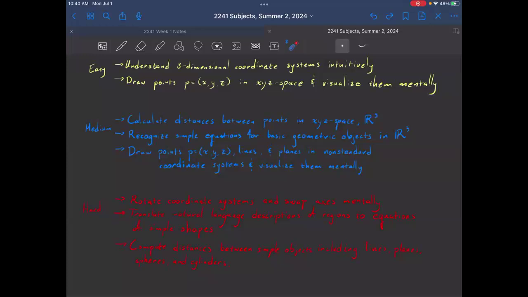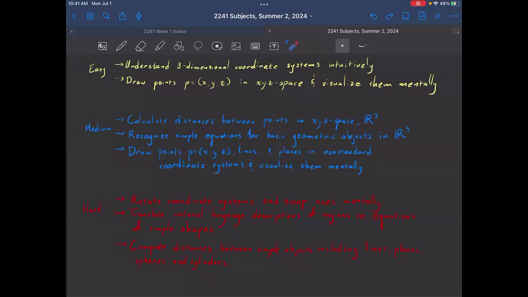The second objective here is that if somebody describes something to you using natural language, like a half sphere centered at 1, 1, 1 of radius 4 with a cone scooped out of the center of a given height, you should be able to write down some equations or inequalities that correspond to those shapes.